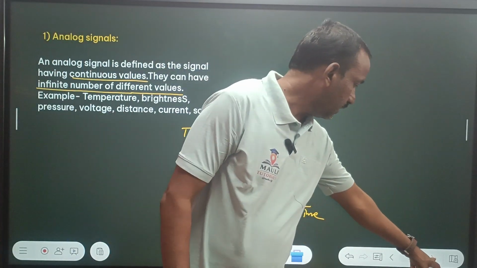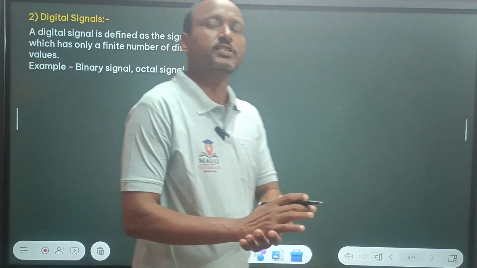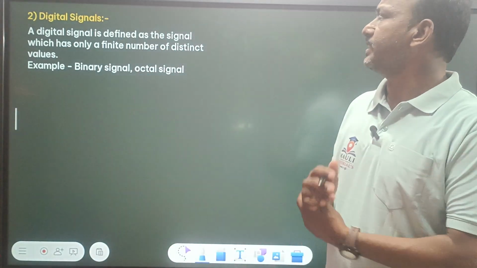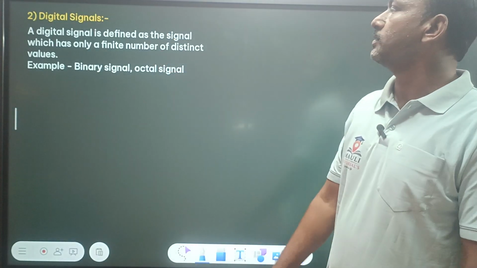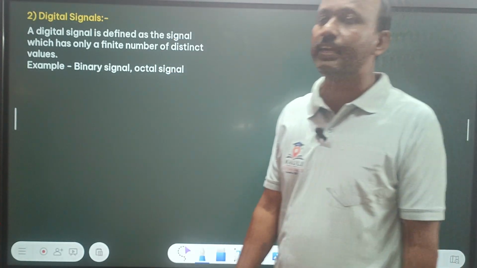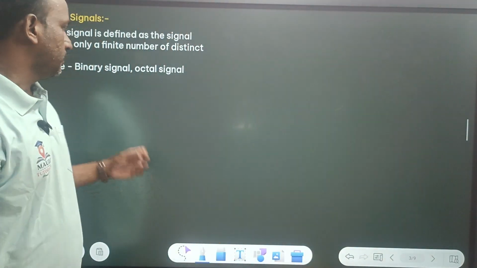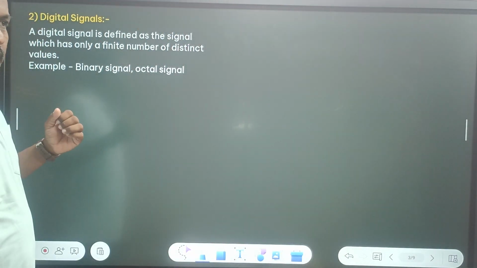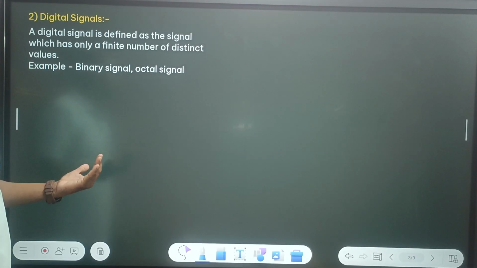Now the second type of the signal is digital signal. A digital signal has finite and distinct number of values. A digital signal is defined as the signal which has only a finite number of distinct values. Suppose analog signal has continuous values, then digital signal has discontinuous or discrete values.